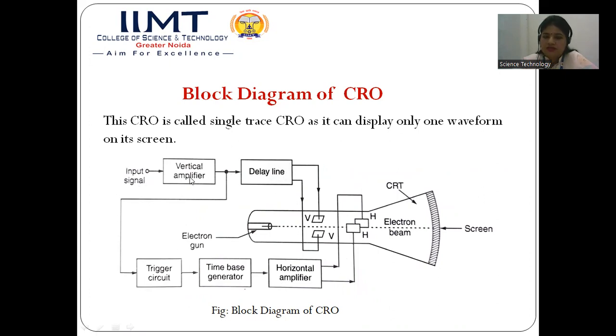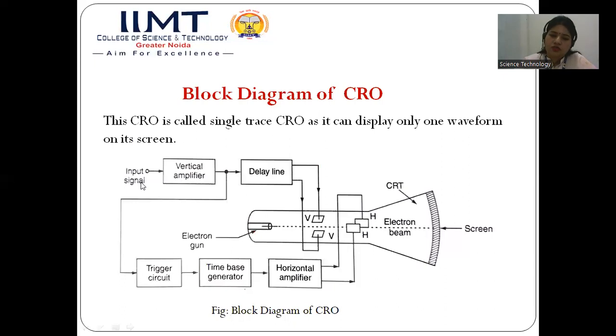First is the vertical amplifier. The input signal is not directly applied to the cathode ray tube. As you can see from this image, between the input signal and the cathode ray tube, we have the vertical amplifier and the delay line.